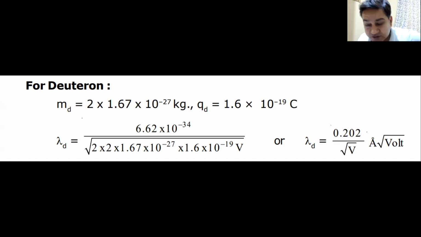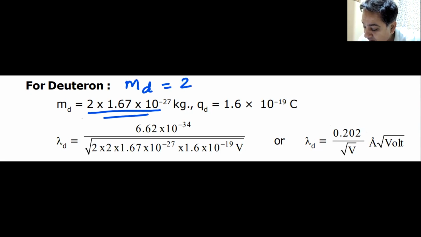Now, what is a deuteron? Tell me. This is chemistry. What is a deuteron? The mass of a deuteron is 2 times the mass of a proton. This is what you remember. Do we understand this?